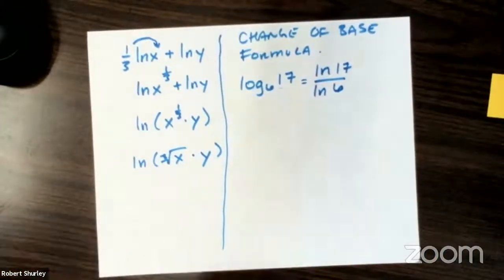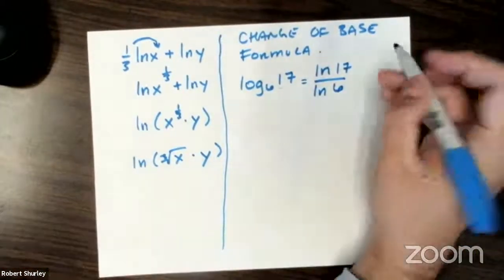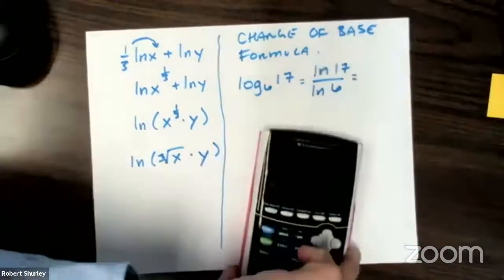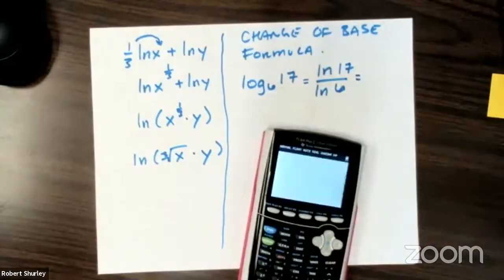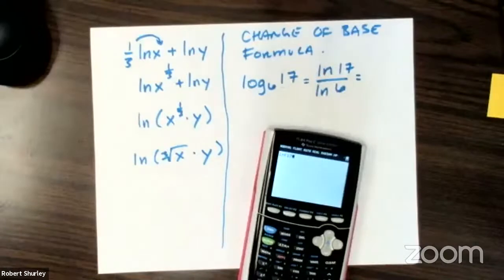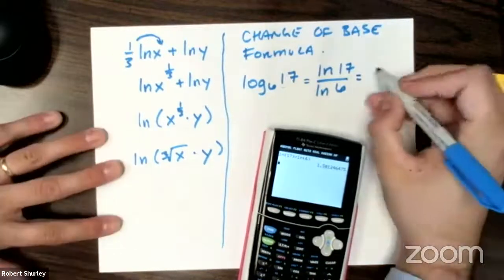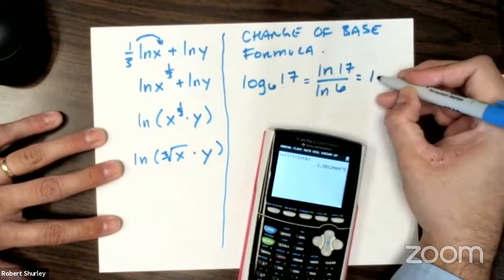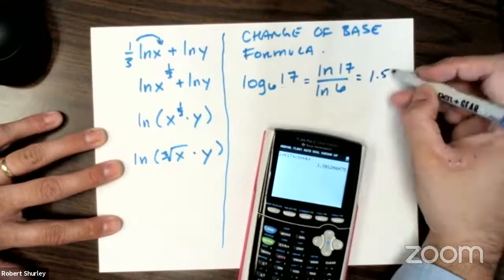This is called the change of base rule. I'm going to take my calculator out and do ln of 17. Be careful and make sure to put parentheses. Divided by ln of 6 and I get, I think they wanted 4 decimal places, 1.5812.